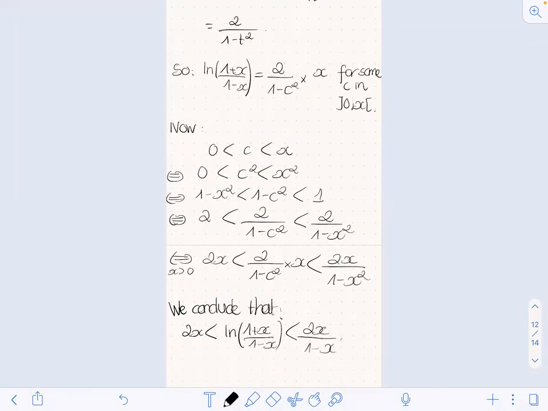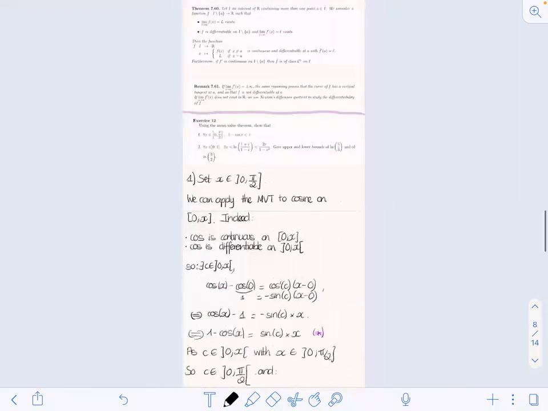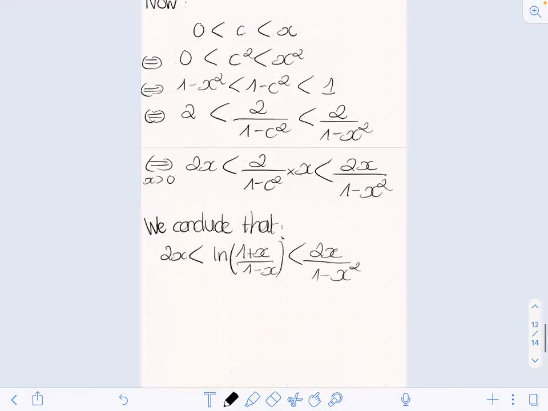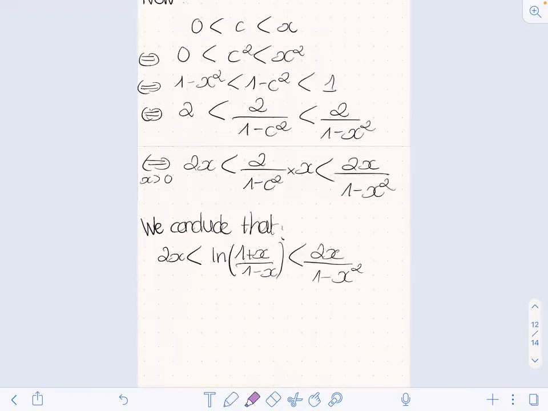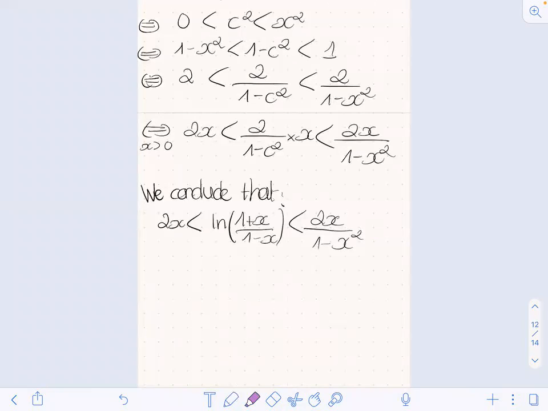And hopefully, let's have a look, that's what we wanted to prove. Okay. So that's the first part of the question. So we've proven some bounds on logarithm of 1 plus x over 1 minus x, and that holds for x belonging to the open interval 0, 1.